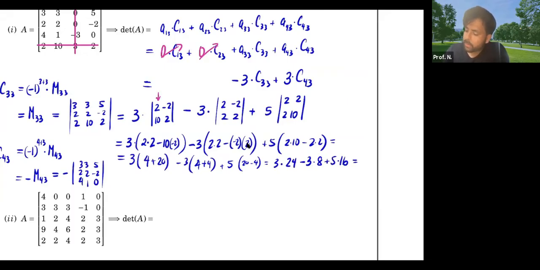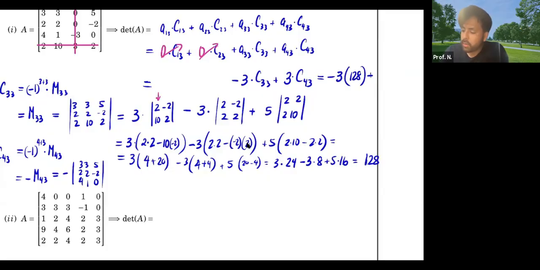So 3 times 24 minus 3 times 8, which is 24, plus 5 times 16. I got 128. What did I just find? I found M33, which equals C33. So this equals -3 multiplied by 128.